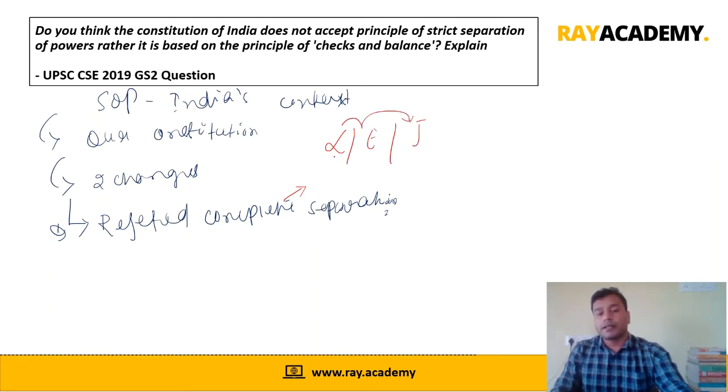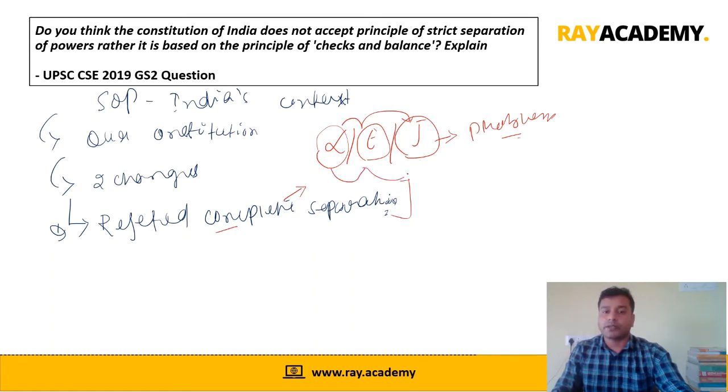If they are completely separated, it is going to create some problems. India realized this, rejected the complete separation, and allowed a little bit of interaction among these three wings of the government. Clear? Already I have explained the reason for that. Now, second, it also incorporated the doctrine of checks and balances.